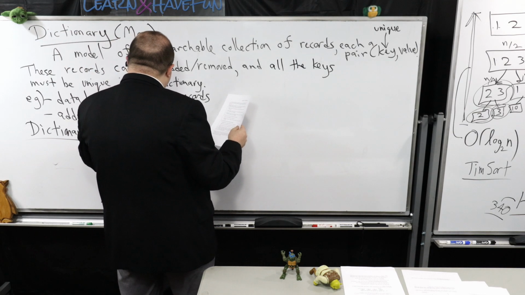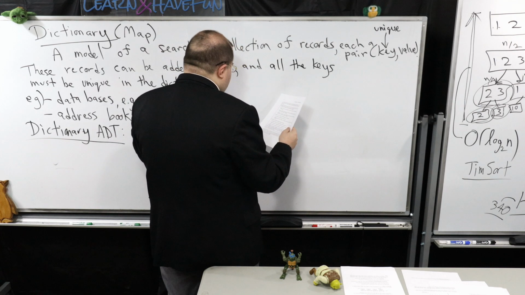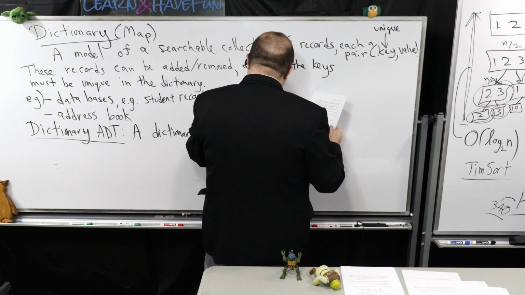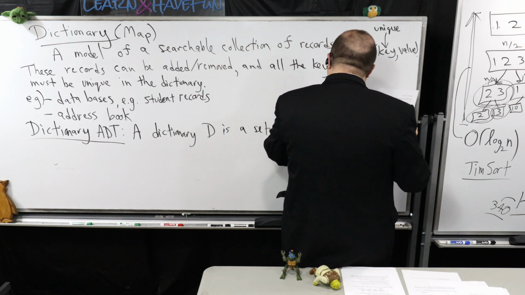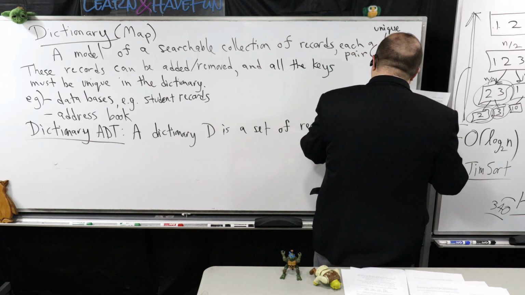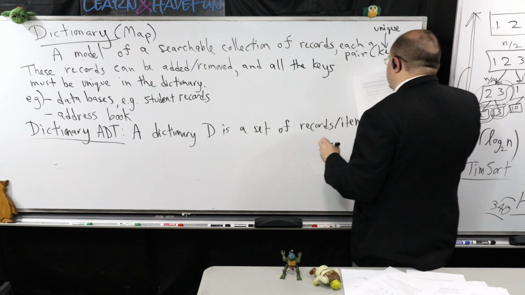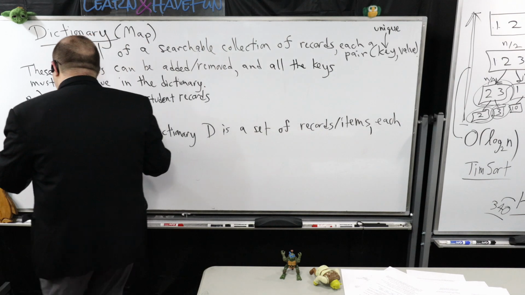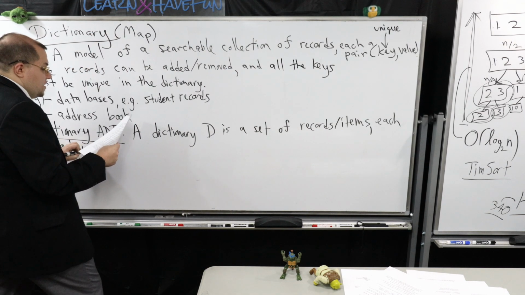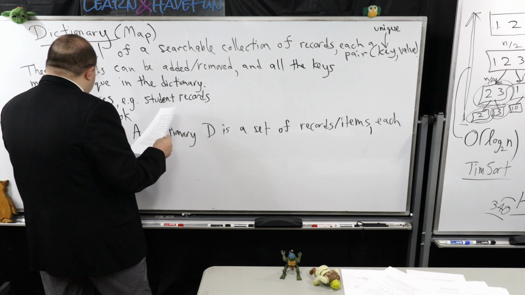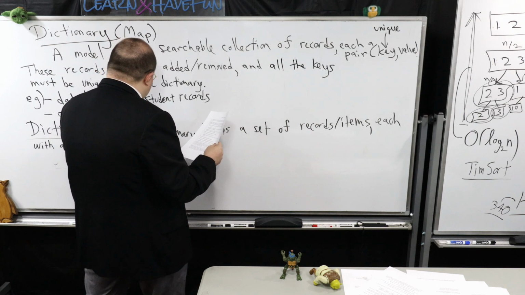The dictionary ADT is a dictionary. A dictionary D is a set of records or items, each with a key and a value or data.